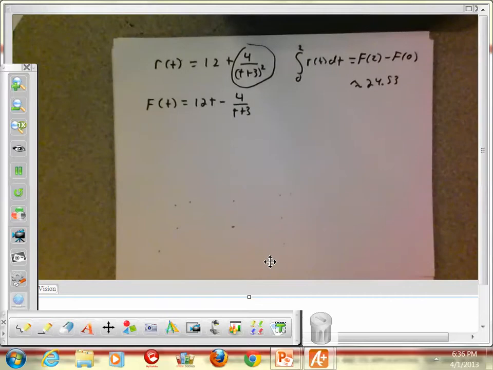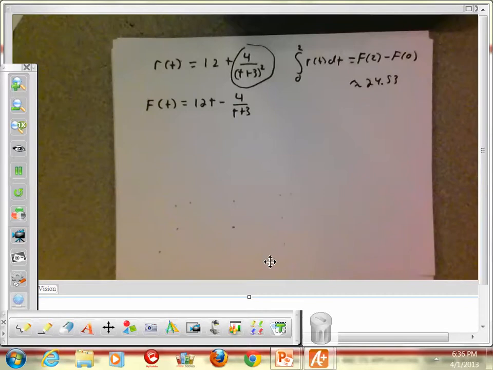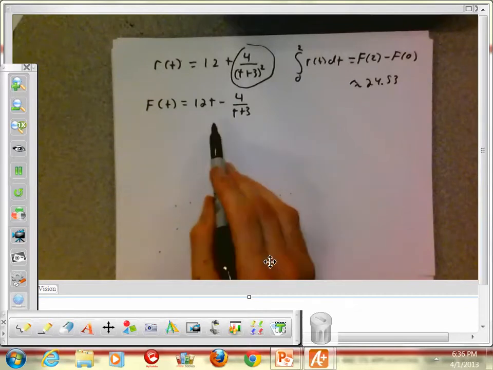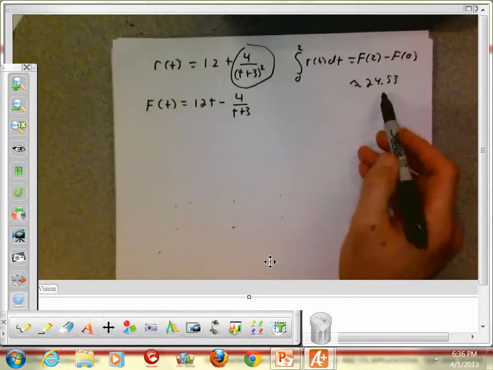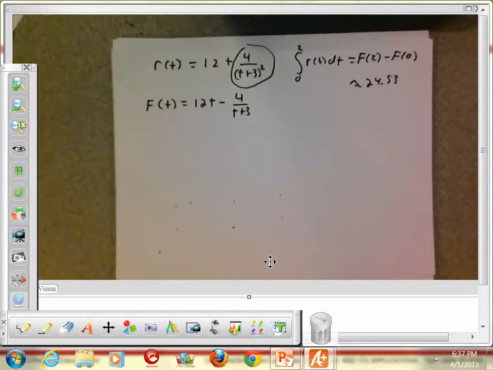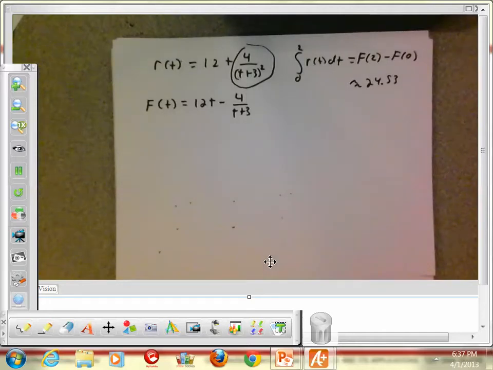So it is continuous. Using the fundamental theorem of calculus, we calculated an antiderivative, which was given by this. Then we did big F of 2 minus F of 0 and got an approximate answer of 24.5. So before we look at an antiderivative for this term over here, does anyone have any particular questions?